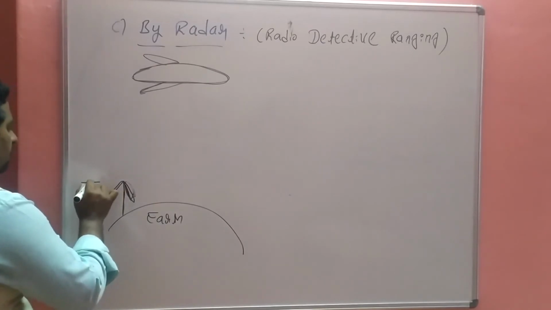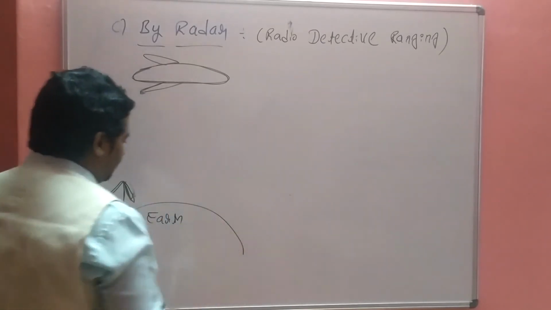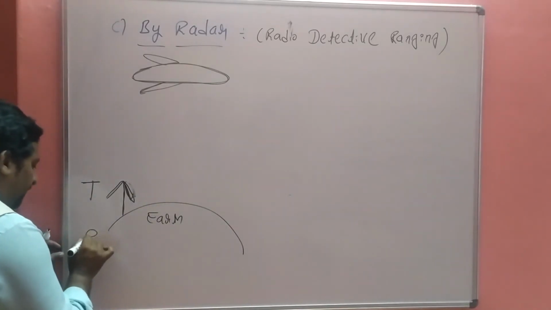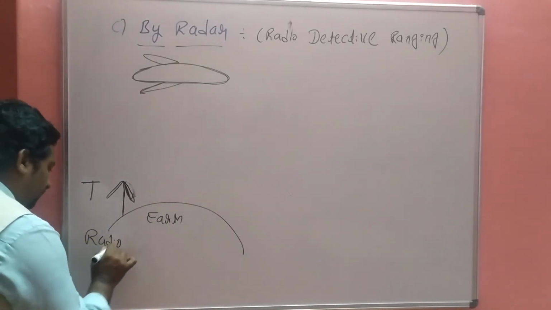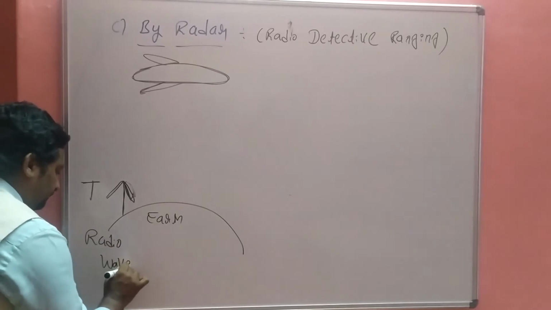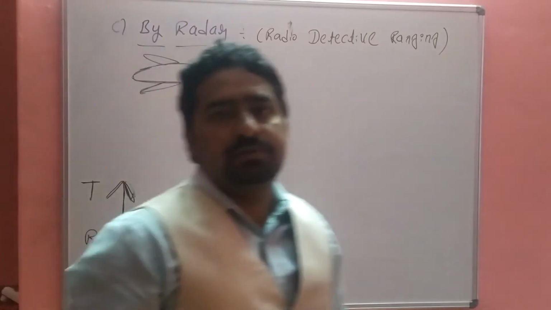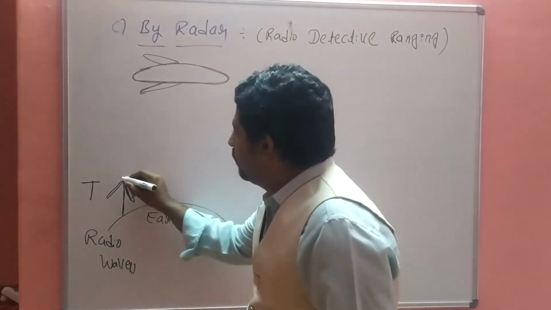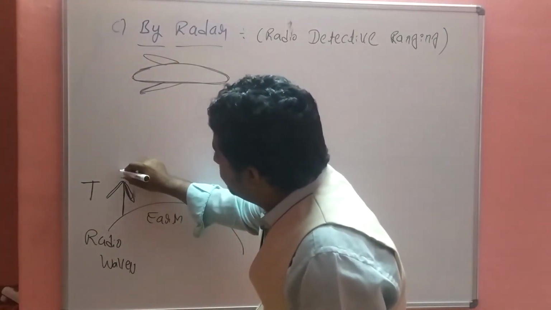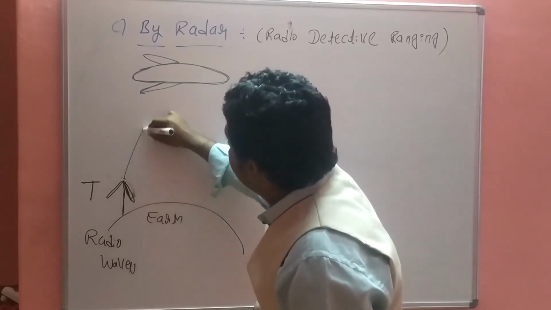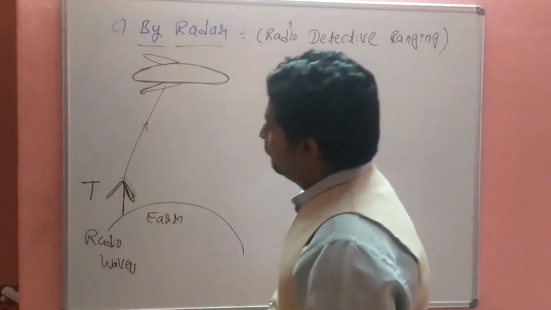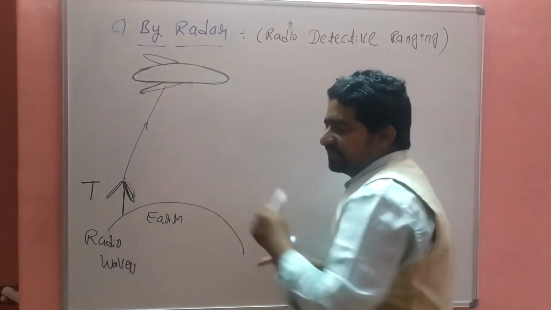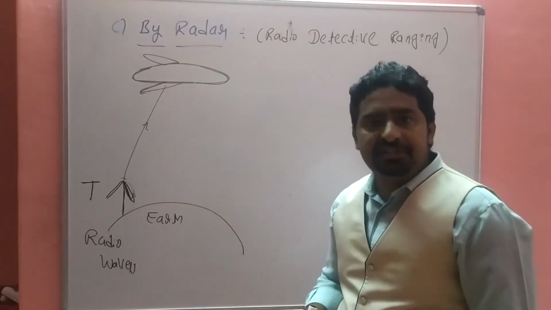The transmitter produces radio waves. The waves are produced and reach the object, and the signal is captured by the receiver.